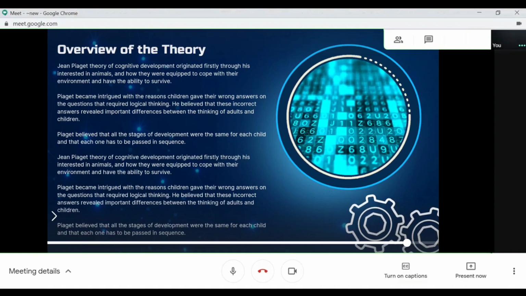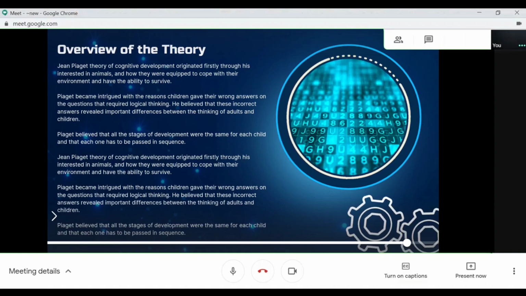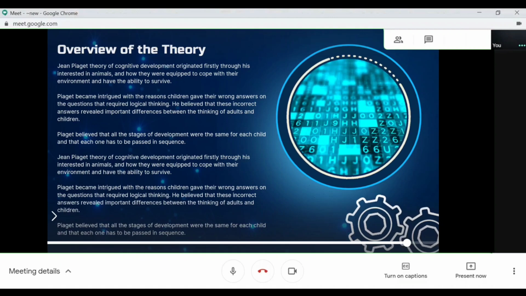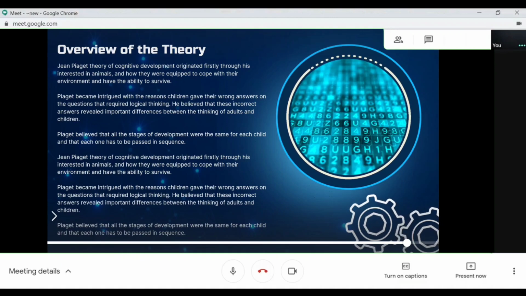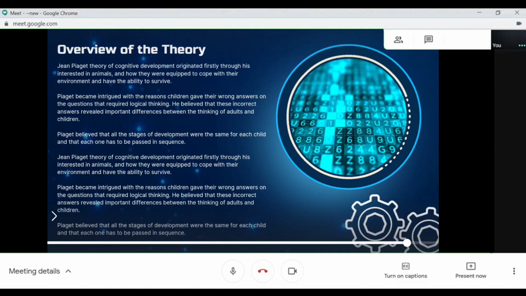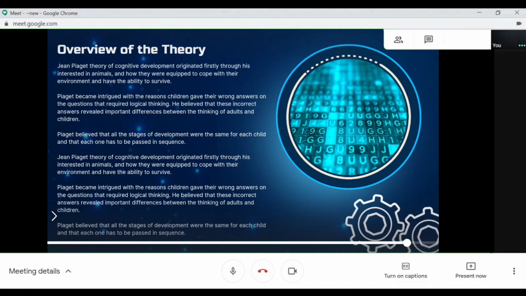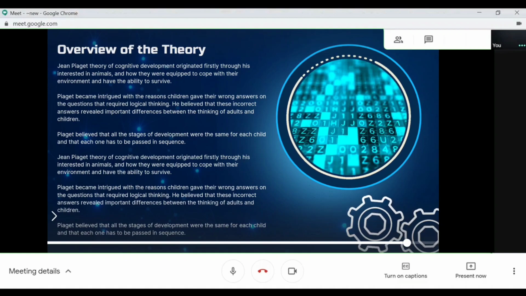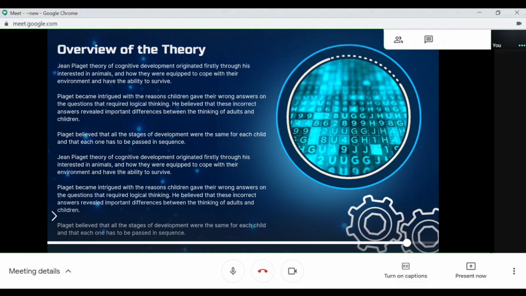He then believed that these incorrect answers revealed important differences between the thinking of adults and children. Lastly, Piaget believed that all the stages of development were the same for each child and each one has to be passed in sequence.